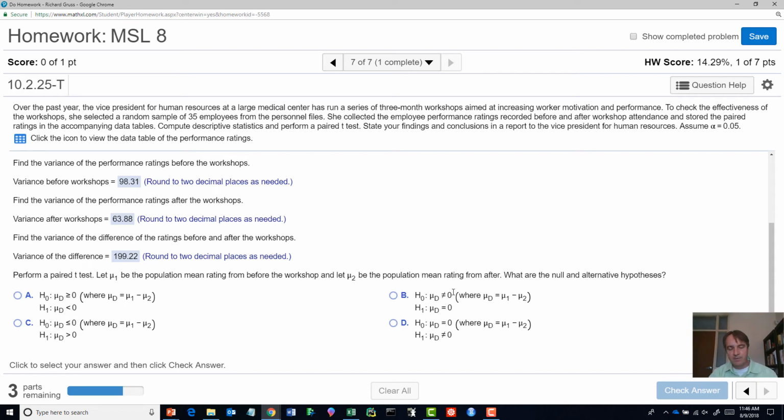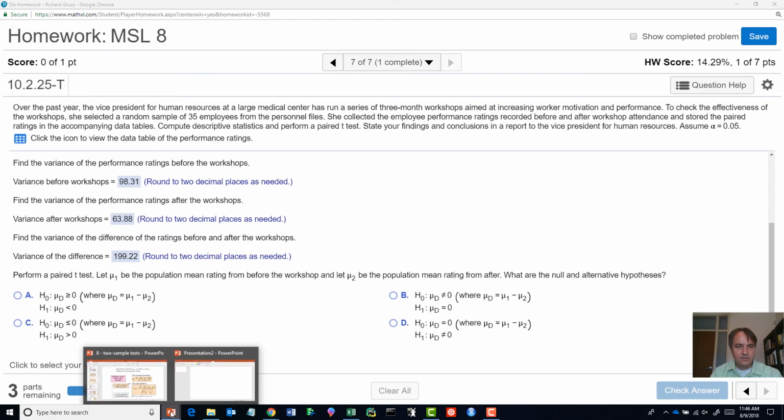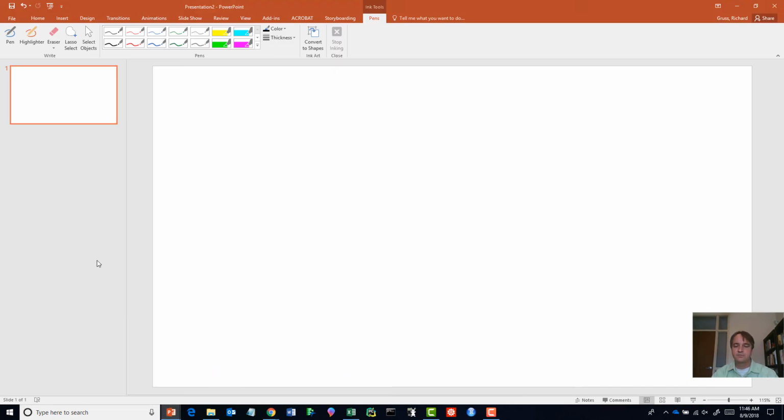Okay, now in previous semesters, this kind of hypothesis gave folks some trouble. So let me just show you how to think this through. Remember that we're defining mu1 as the before case, and mu2 as after.